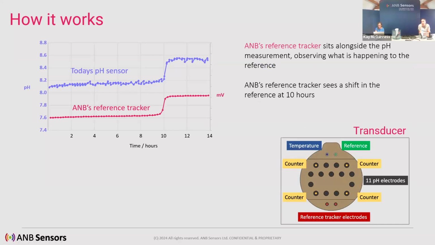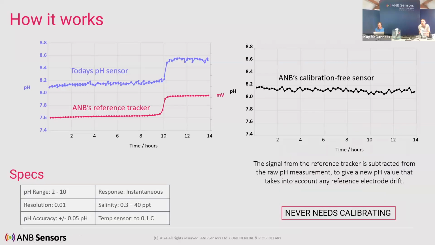The reference tracker tracks the changes in the reference potential of the reference electrode. And you can see after 10 hours using our reference tracker, that's actually a change in the reference potential. We combine this measurement with the pH monitoring electrodes on the front surface of the transducer. And by combining the two measurements, we get a calibration-free sensor.